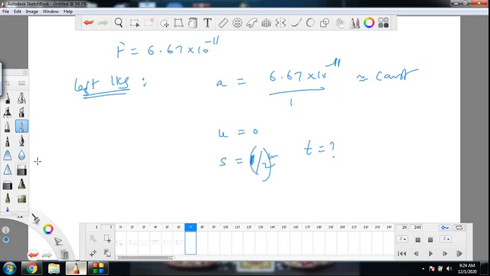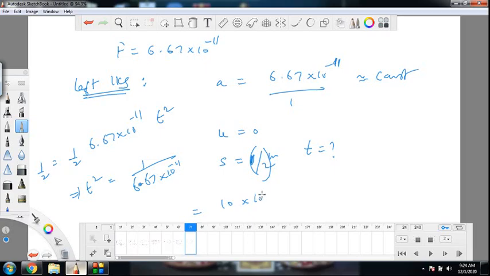So S is half a into t square. So t square will be 1 by 6.67 into 10 power minus 11. So it will be 10 into 10 power 10 by 6.67. So t will be root 10 by 6.67 into 10 power 5 seconds.